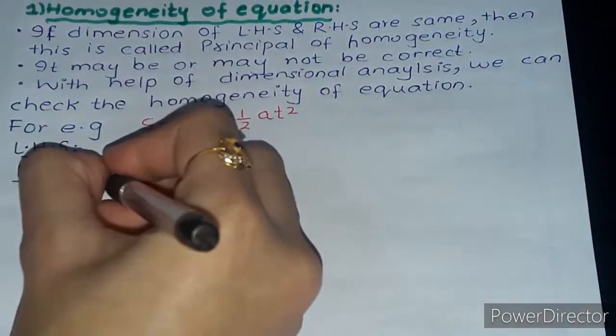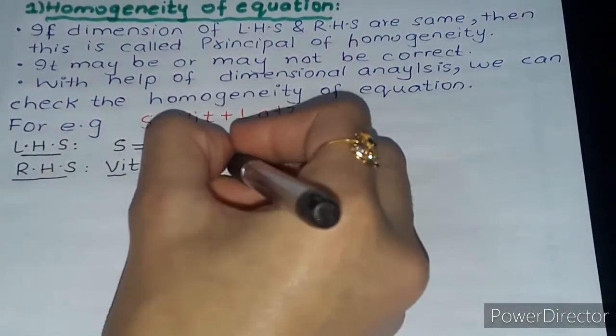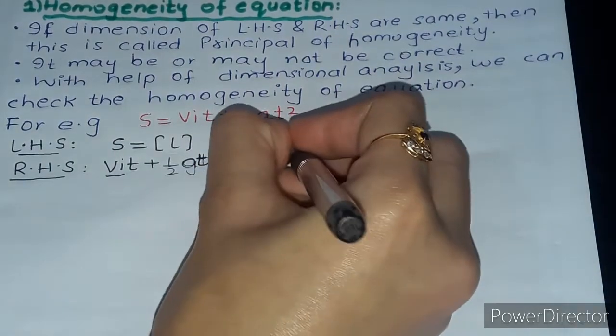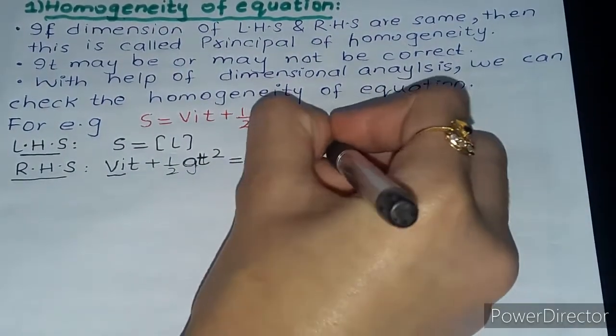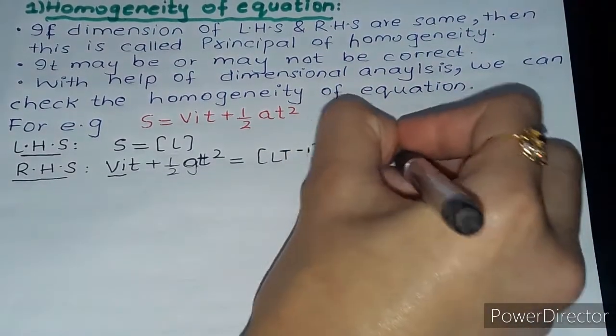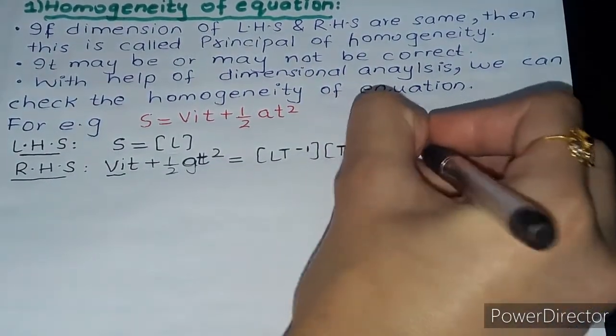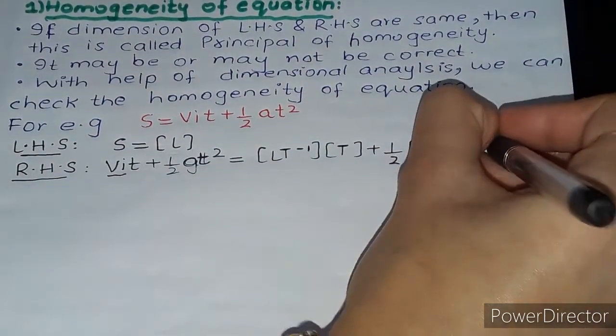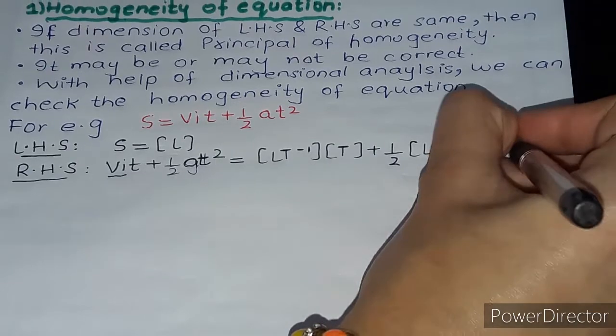So velocity is L T minus 1 into time plus half. Acceleration is L T minus 2 and time is T square.